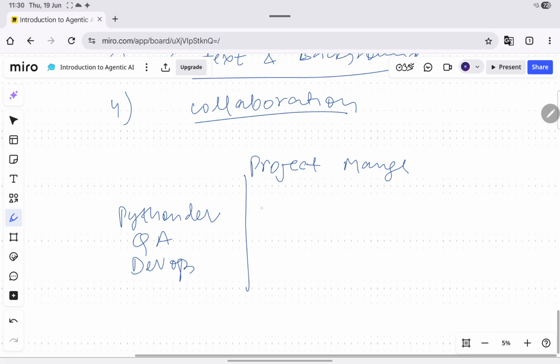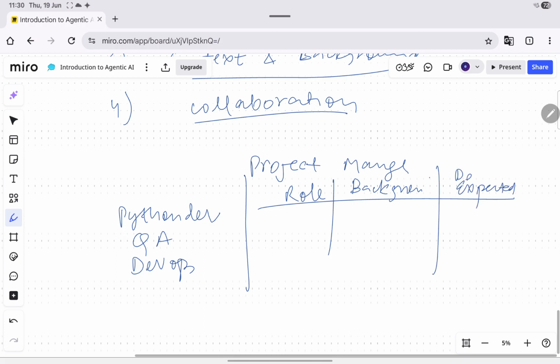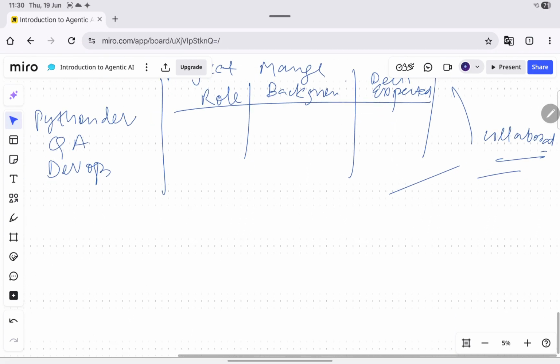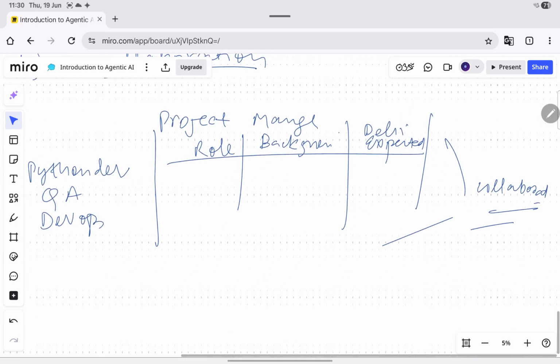They each should have a role and background, that is the context, and expected deliverables. Then we have the collaboration of all this. This is how we make a multi-agent system.